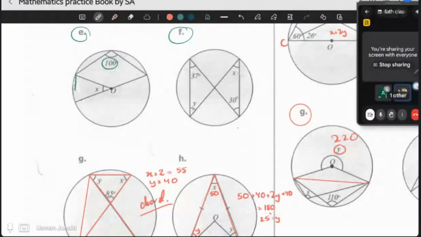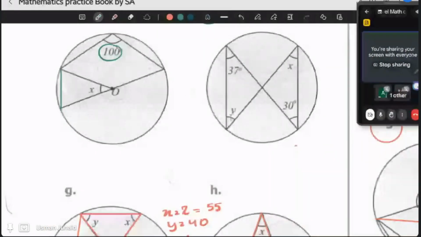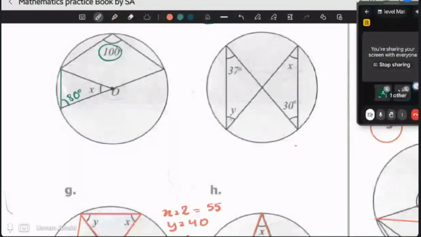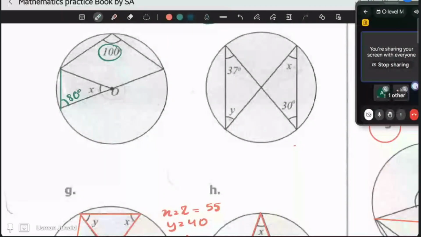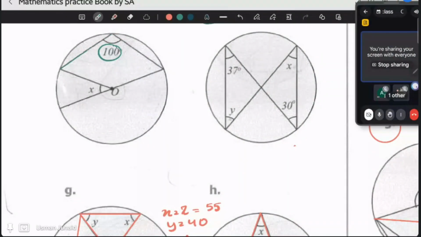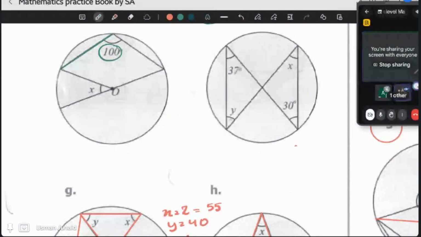अच्छा, अगर हम यहाँ पे एक लाइन इंट्रोड्यूस कर दें, can we say that this is angle 80? Yes. Another thing that we can do is we see that this is an angle at the circumference.